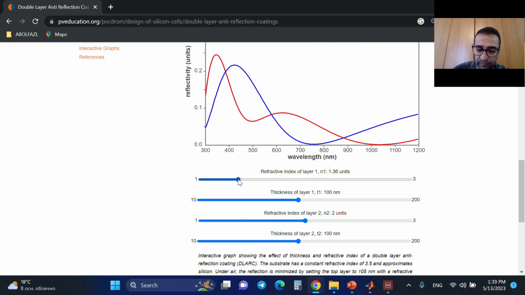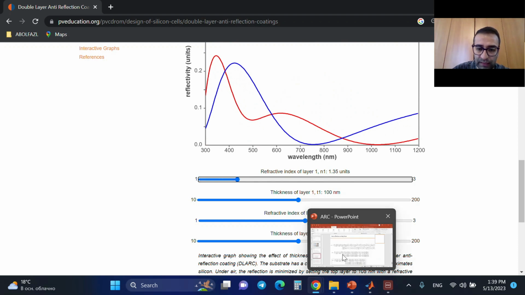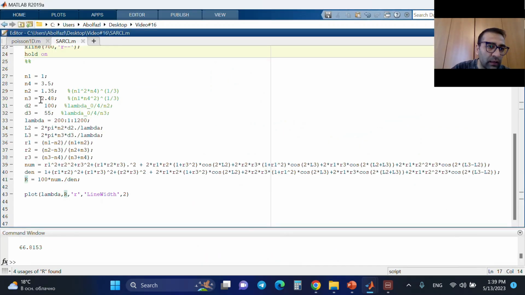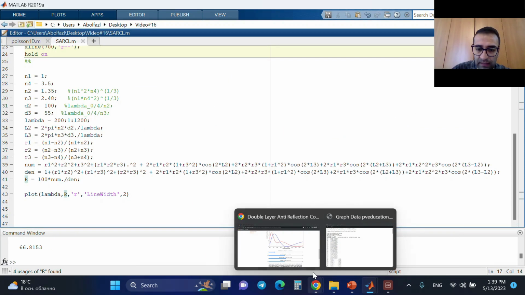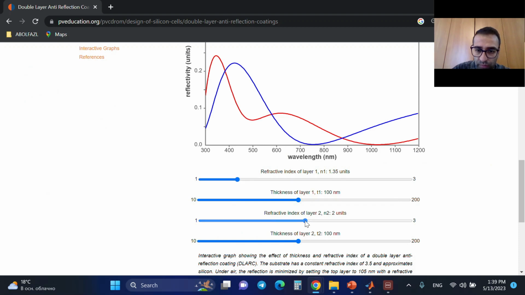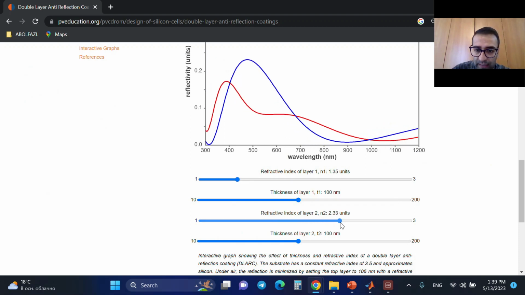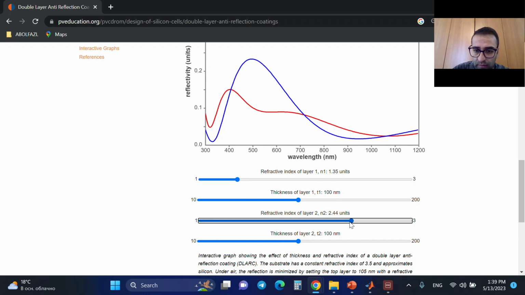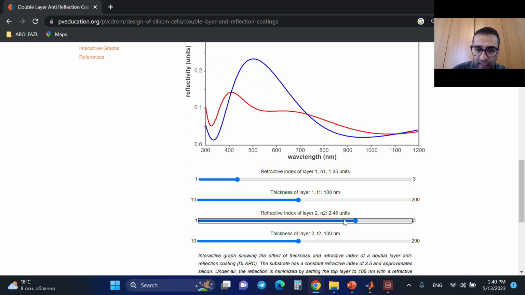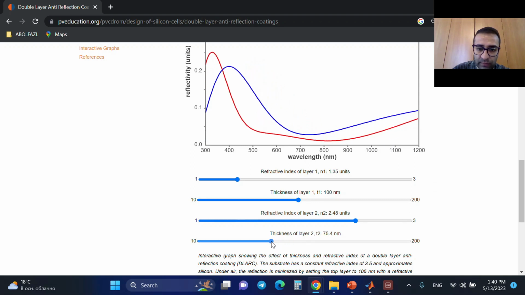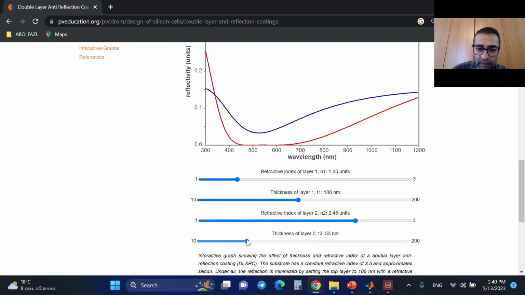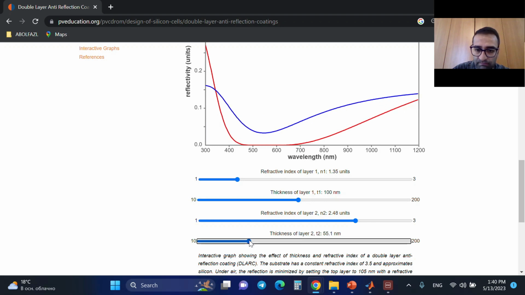Okay. 1.35 for N2 for the first thin layer, 2.48 for the second thin layer, and 100 nanometer for the first thin layer, and 55 nanometer for the second thin layer.